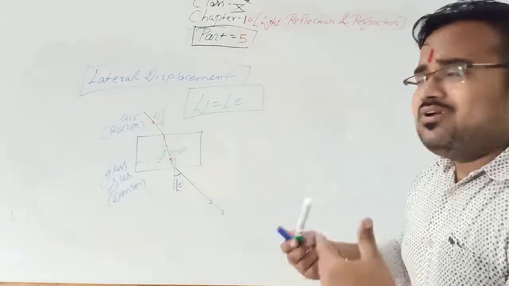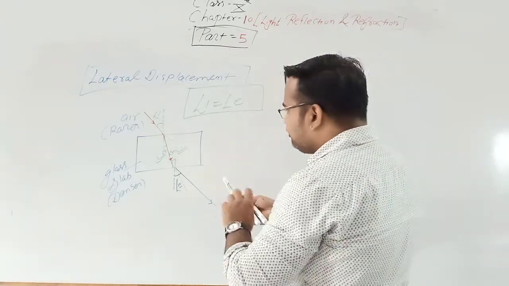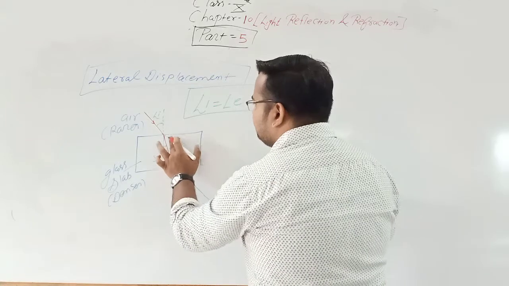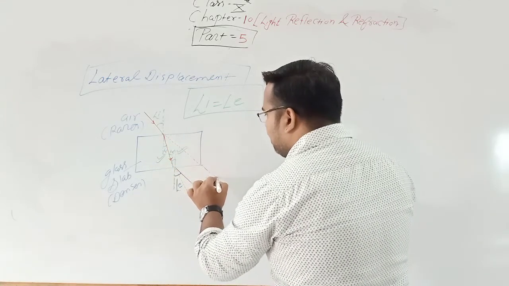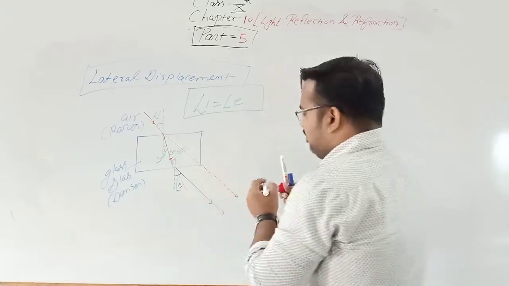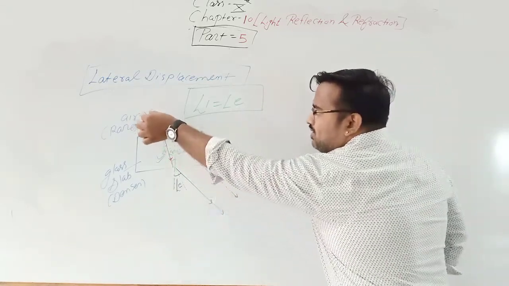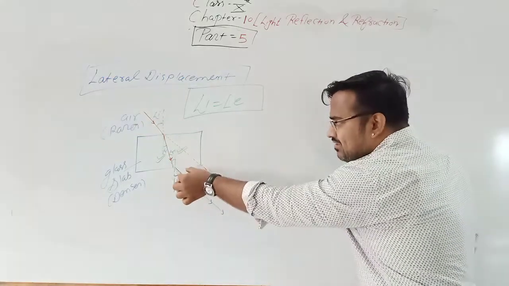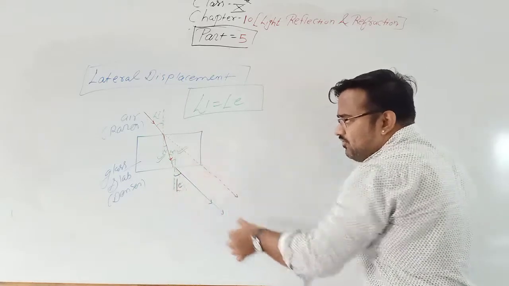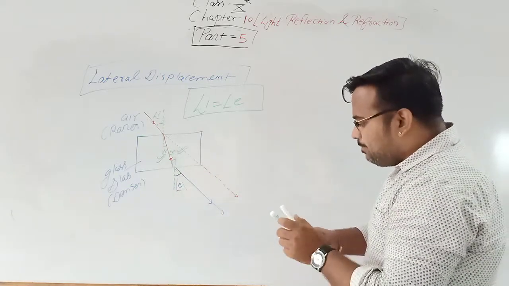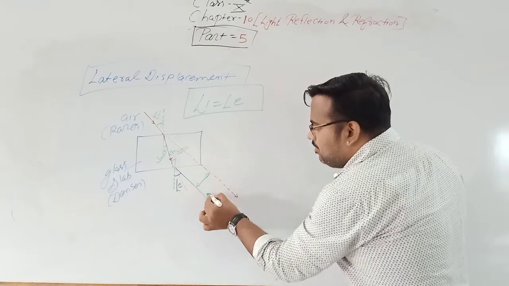Now, the main point, what is lateral displacement? Now you can see, this is the original path of the incident ray, and this is the path of the emergent ray, and this is the perpendicular distance between these two.